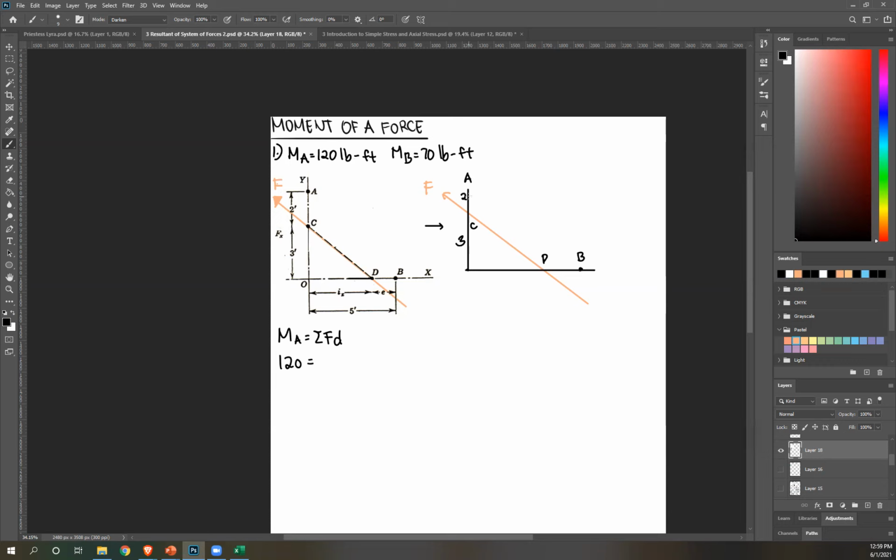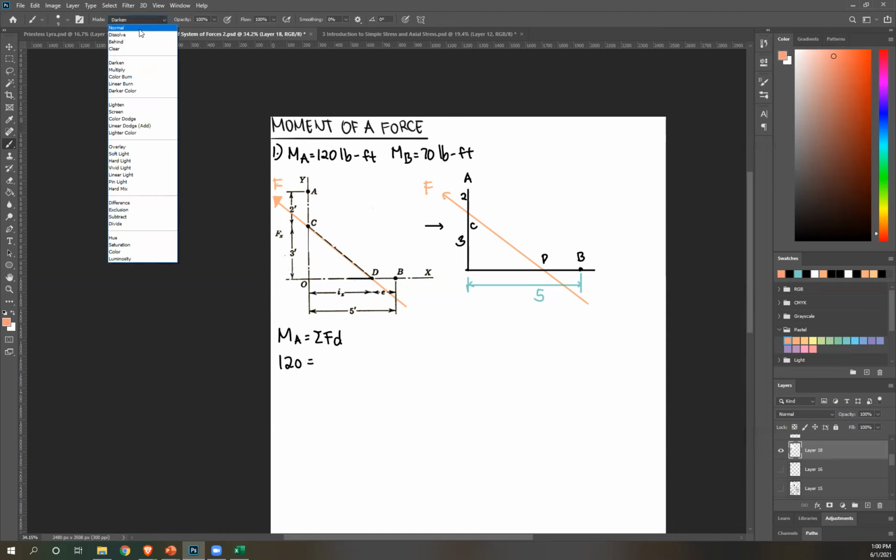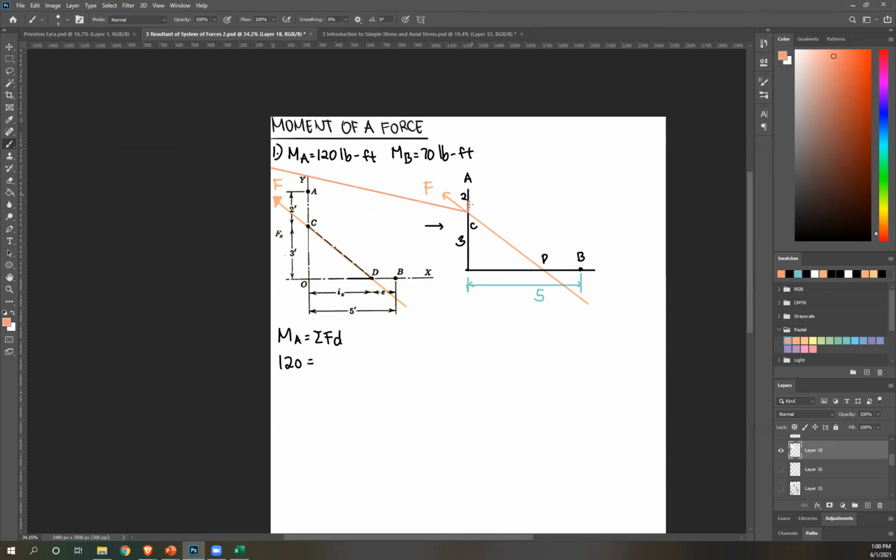This is 3, this is 2, and then this total thing is 5. Once again, this is where I'll put my Fx and Fy.